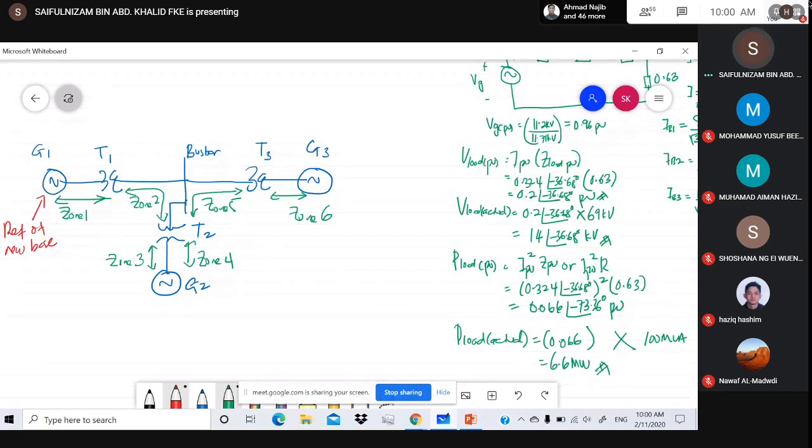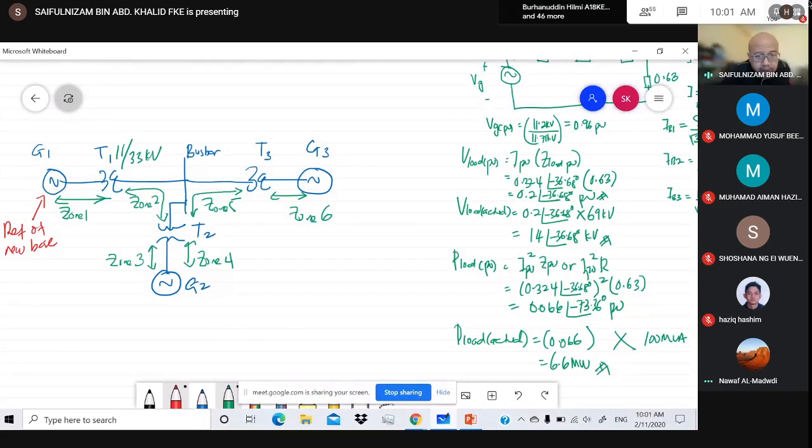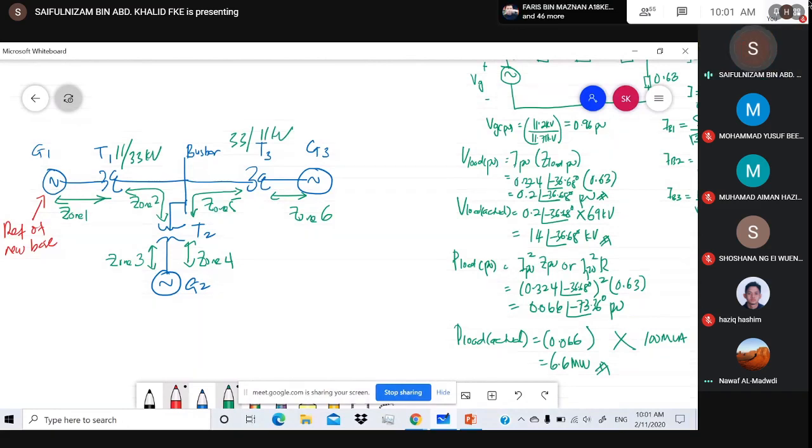So let's say the voltage here is, I just put any number, let's say 33 kV. Here maybe 33/11, here maybe 33, maybe 33/10 kV.